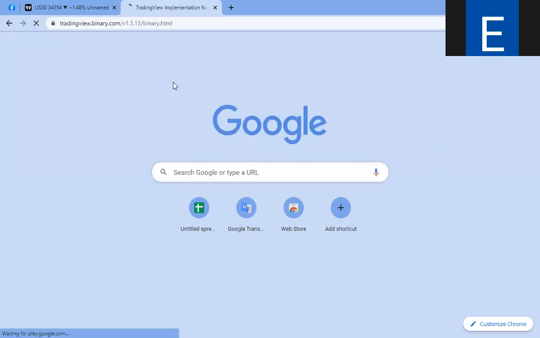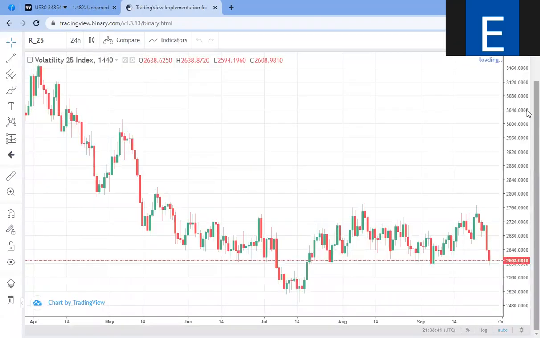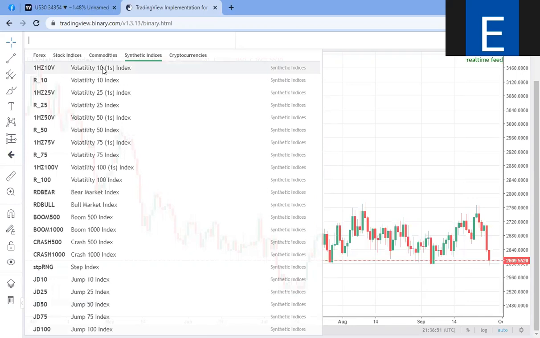So let me just show you some of the two trades that I actually took, and then I messed myself up. I messed myself up on the trades. So let's zoom out a little bit. Let's see 10 tick indices. That was the V10 index.